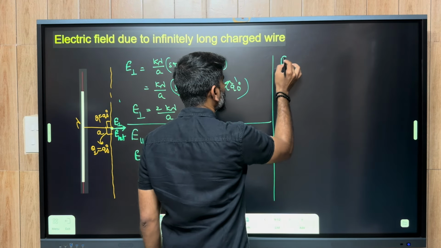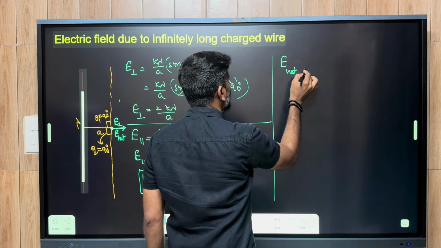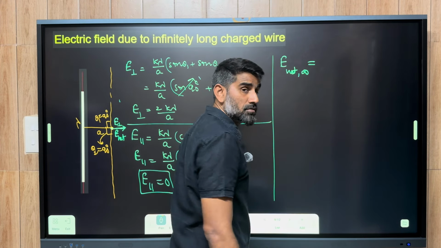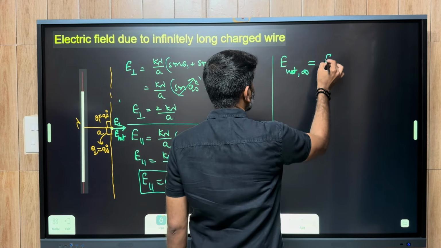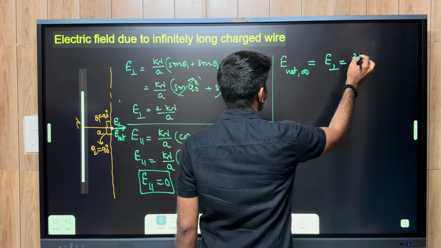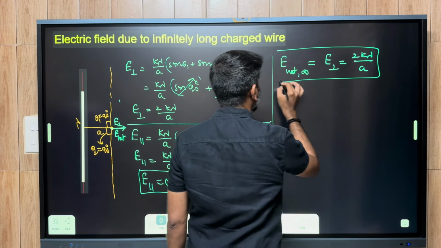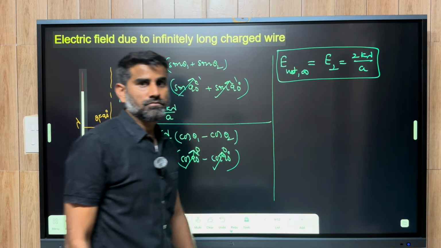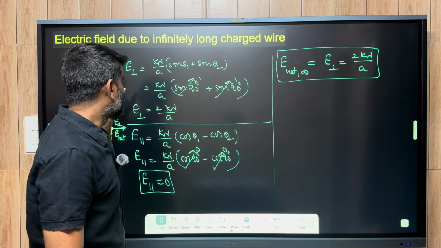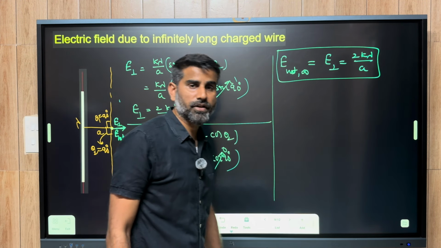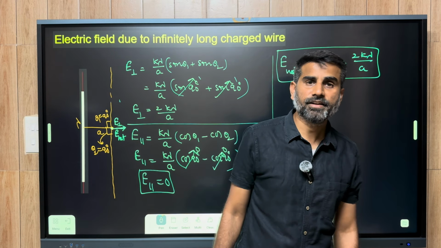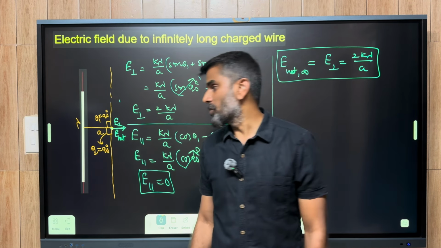I'm going to write the formula again. E net of an infinitely long charged wire is nothing but the E perpendicular equation, which is 2k lambda by a. Hope the steps that I followed are very much clear and understandable, right?